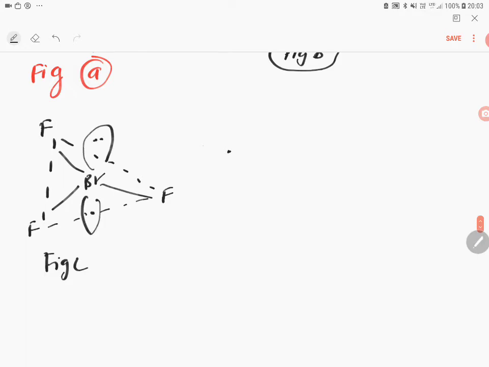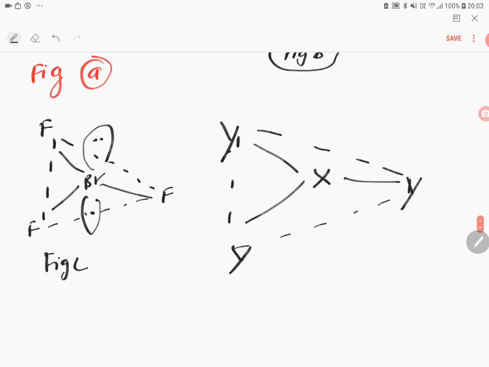Now mind it, whenever I put a molecule like this, these are all equatorial positions, and these are all axial positions.